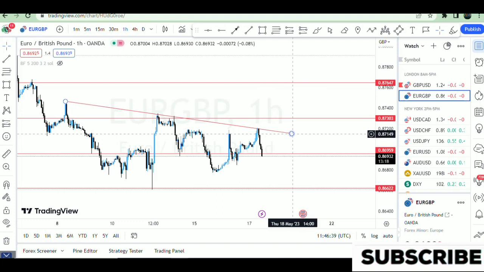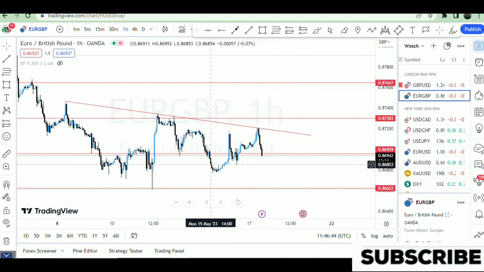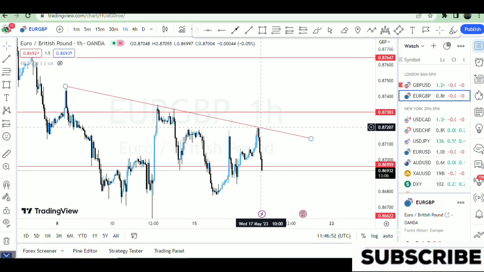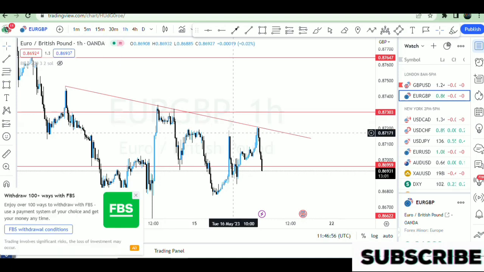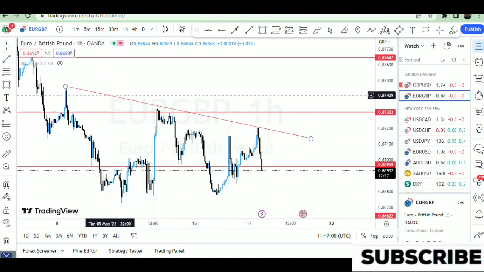So this is my analysis, and as you can see, I have my support and resistance all in place, and also I have my trend line. Now I actually missed this entry because I wasn't online, because I already had the analysis earlier, but that's that. We can always meet up with many other trades.